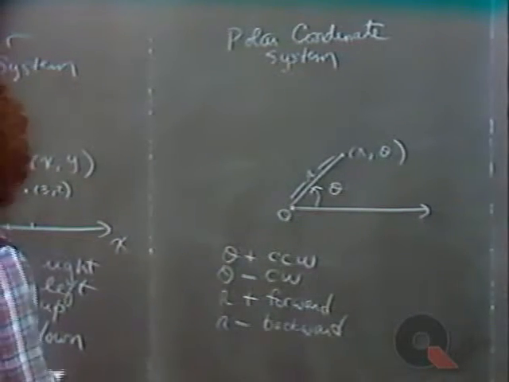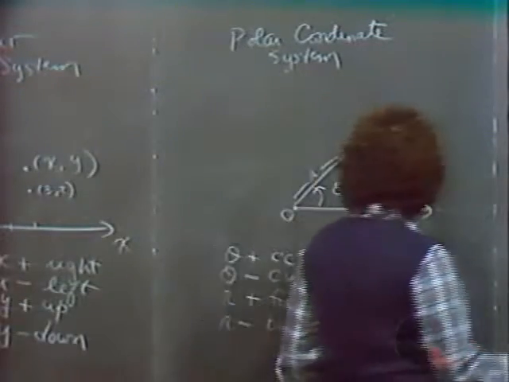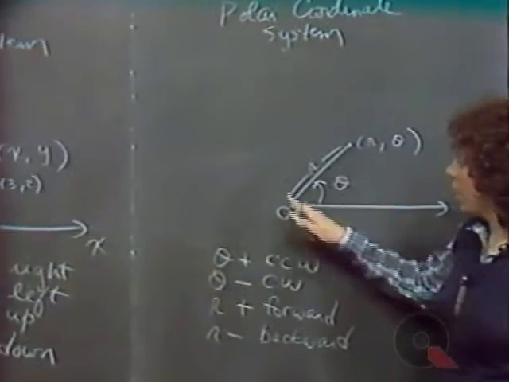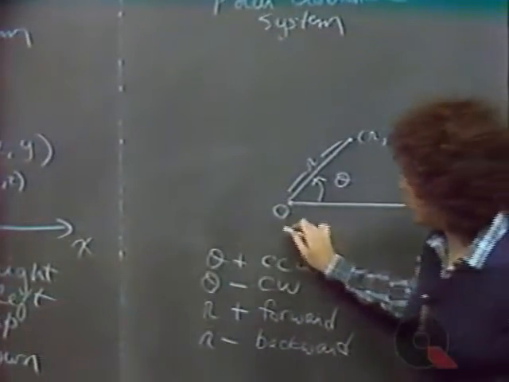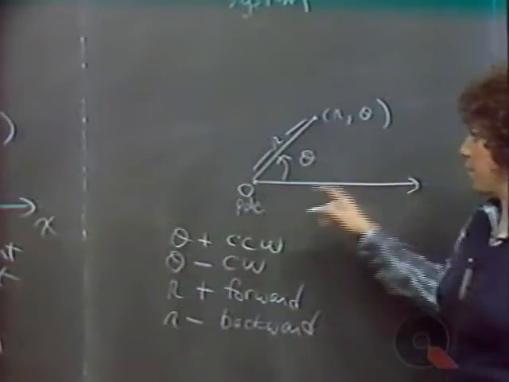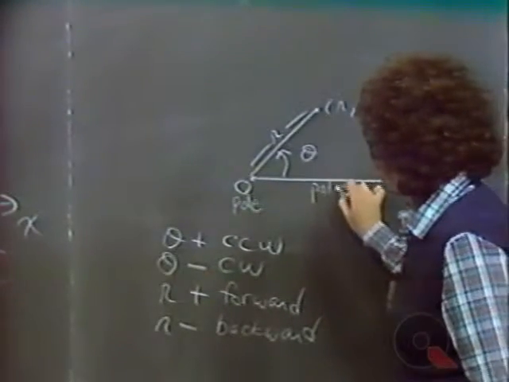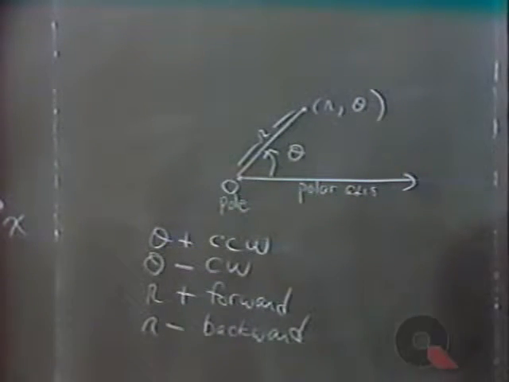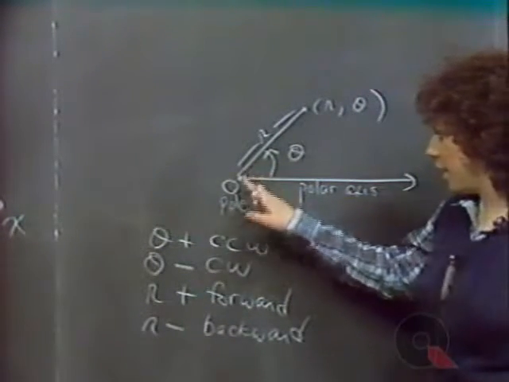All right, now let's look at a typical point. By the way, I said the man was still standing at the origin. In the polar coordinate system, we usually call this point the pole. And instead of the x-axis, we call this the polar axis. And the man is standing at the pole.